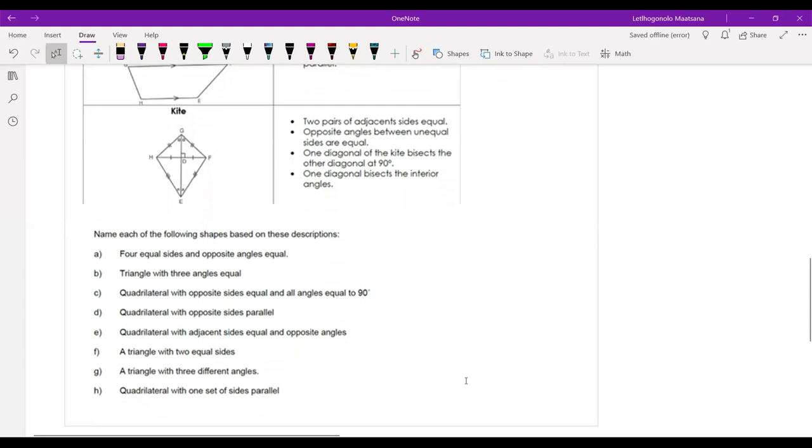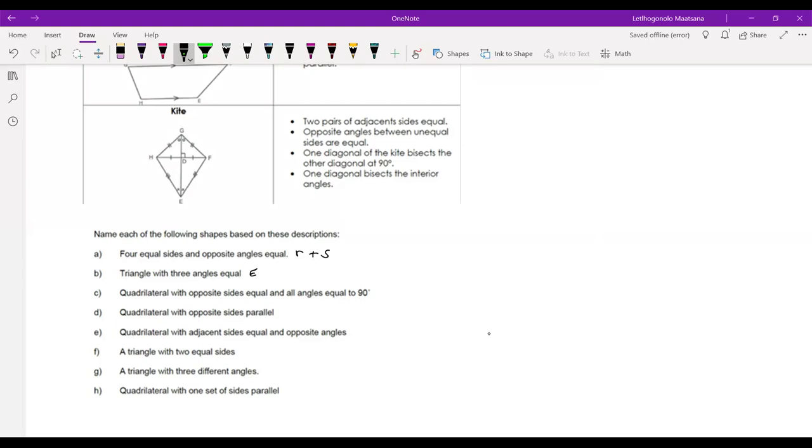Let's try out these questions here. Name each of the following shapes based on these descriptions. Four equal sides and opposite angles equal. So this would fit in your rhombus and your square. Triangle with three angles equal, that's going to be your equilateral triangle.